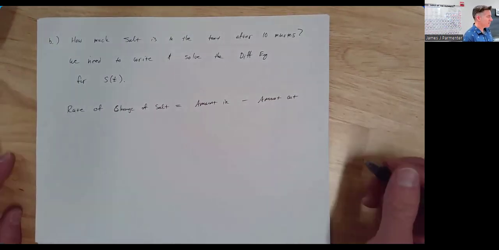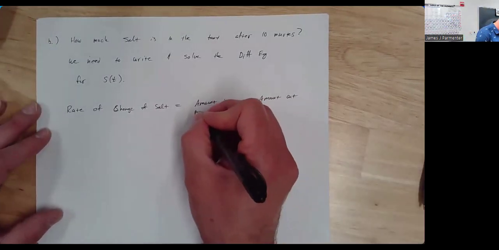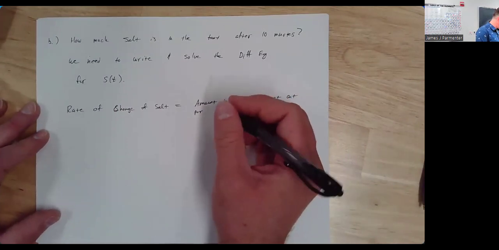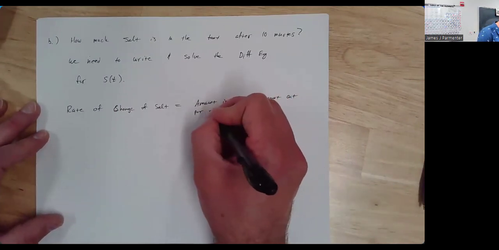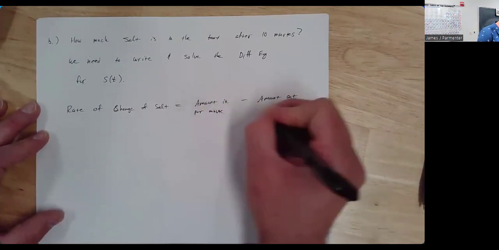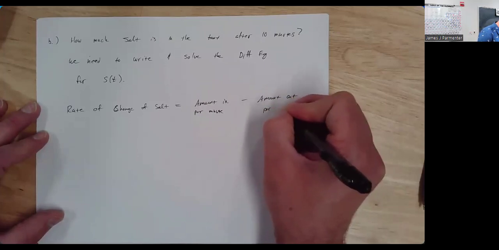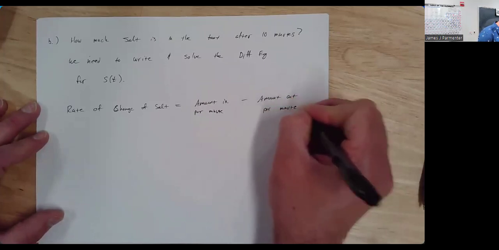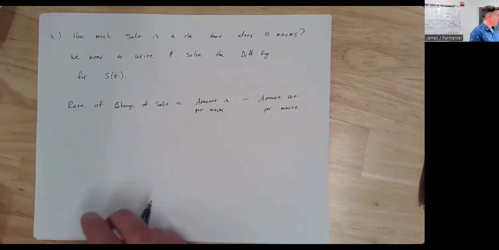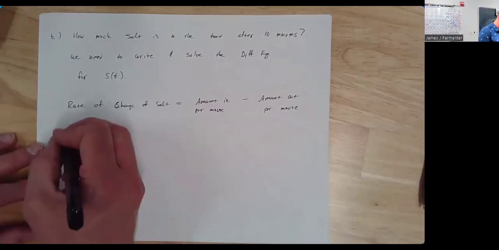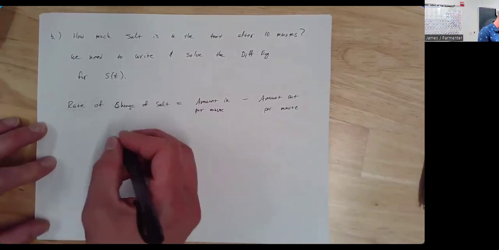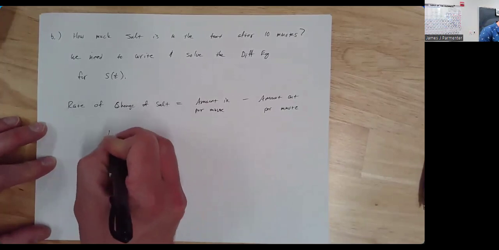I really should say the amount in per unit of time. In this case, I think it's per minute. Yeah, per minute. And the amount out per minute. So that's going to translate mathematically to dS/dt.